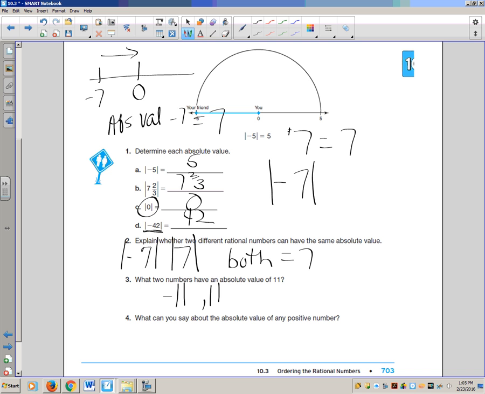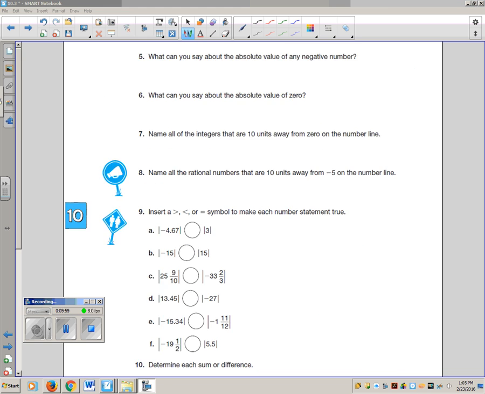What can you say about the absolute value of any positive number? It's that number. So when it's negative, you just take away the negative sign. If it's positive, you just write down the number. That's what absolute value is. Number 5, what can you say about the absolute value of any negative number?